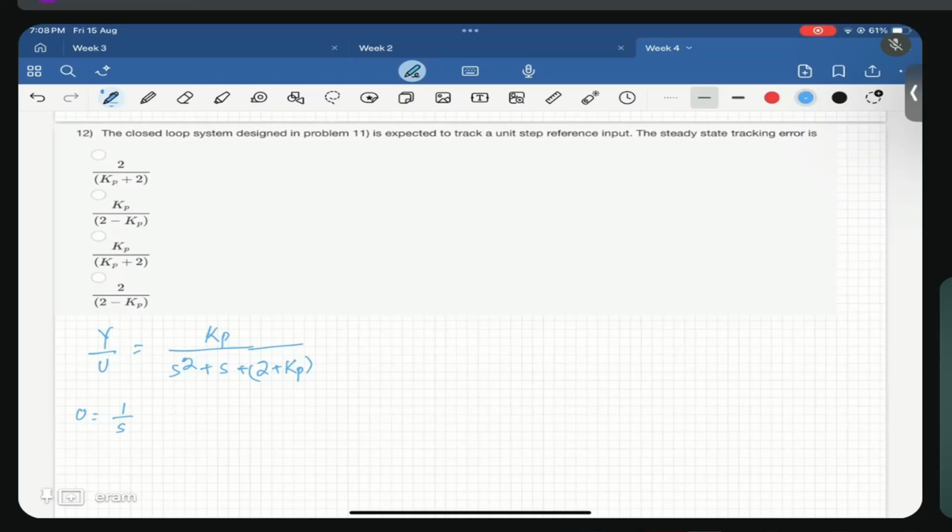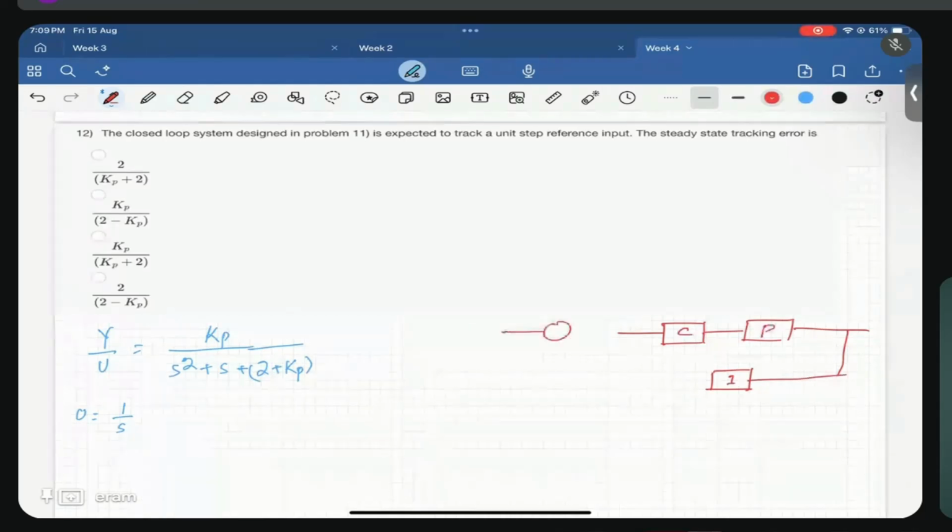So if you see from the block diagram, here is the controller, here is the plant, output, and feedback is just 1. This is C, this is P, and we are providing R as a step.